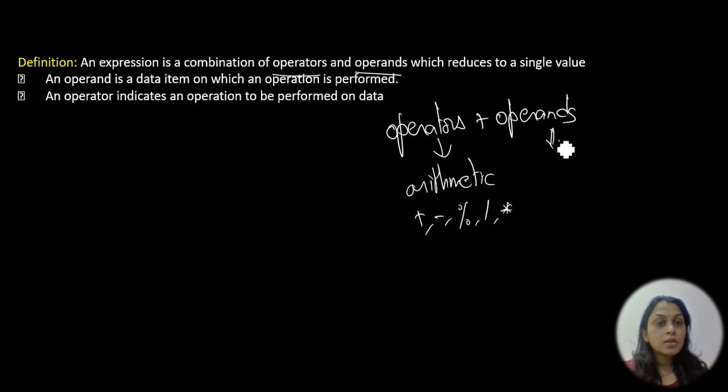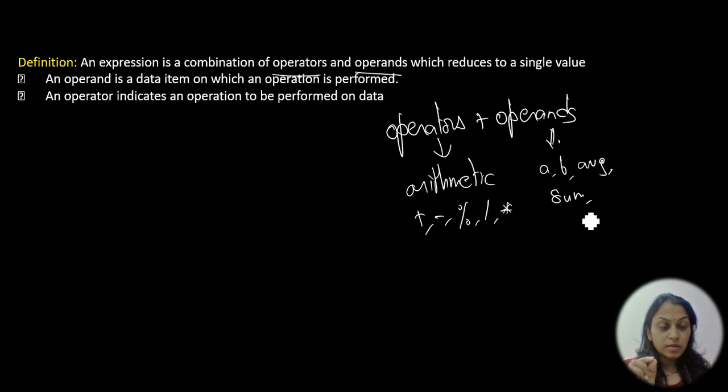Then what about the operands? Operands are nothing but storage locations, where a value is assigned to a storage location. Like A, B, average, sum, whatever it may be, it's a name that you call an operand, which is allocated a memory location to store the values.